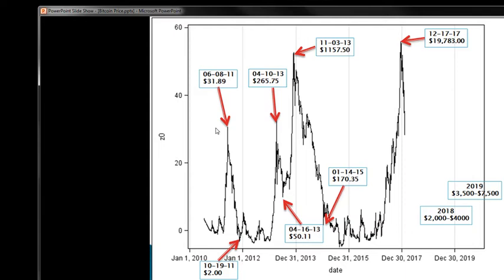Let's take a look at this figure. I marked all the peaks and all the bottoms.